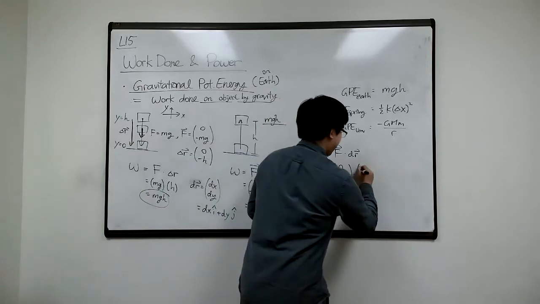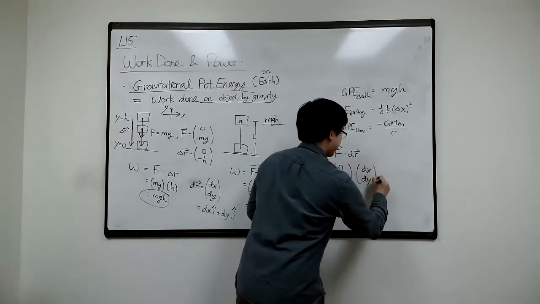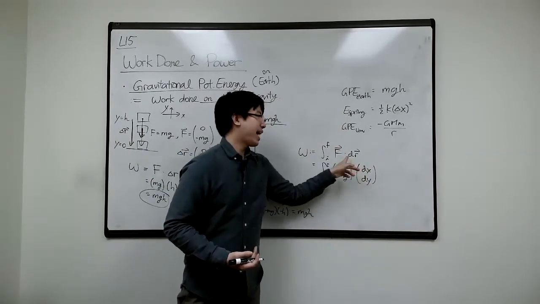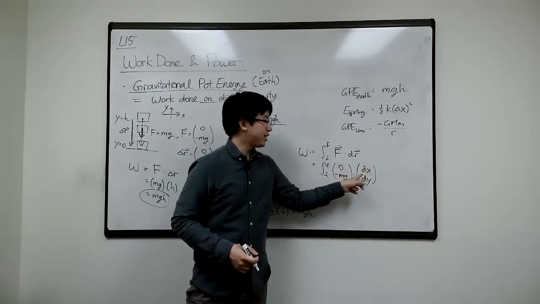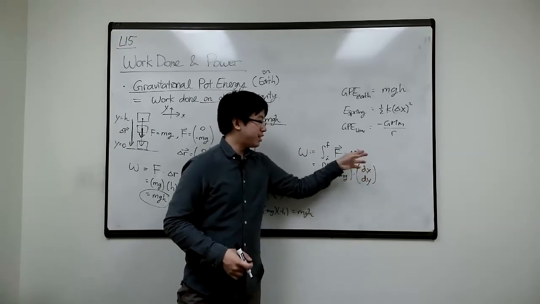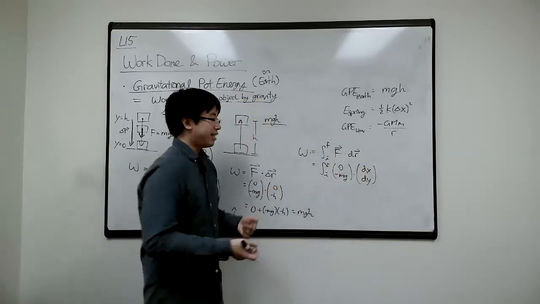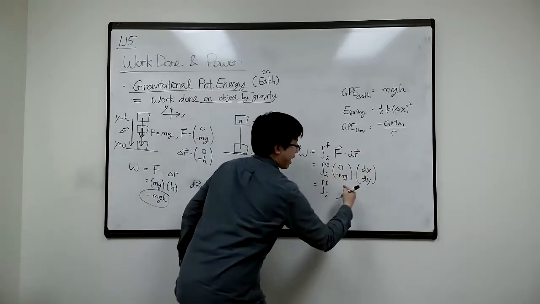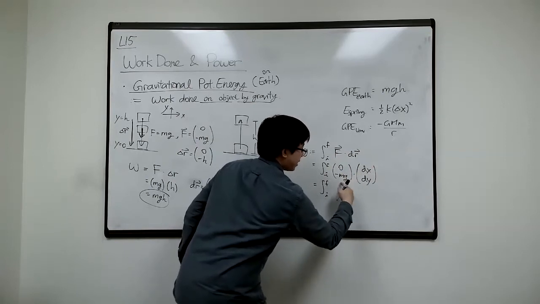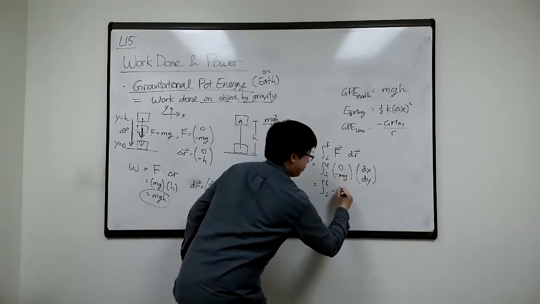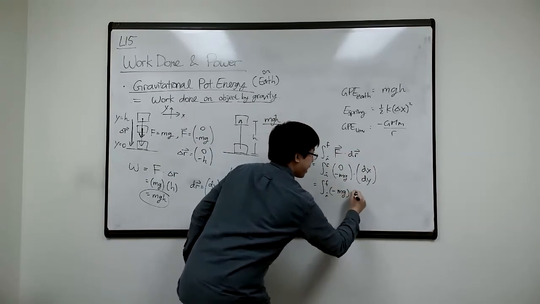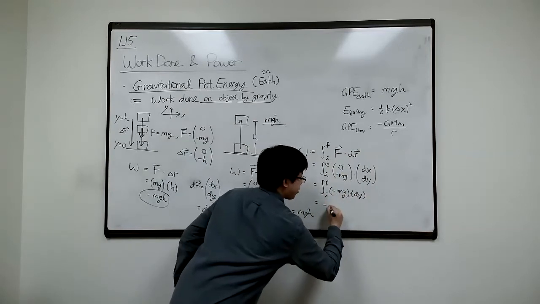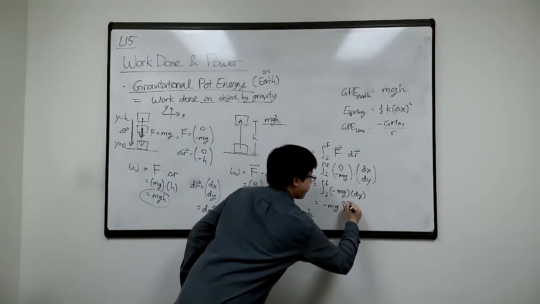But either way, it doesn't matter, because as you can see, if I put it here, 0 times this is going to be 0 anyway. But if you like, you can just say, hey, I know in advance my dr is just dy, it's not moving in the x direction. I can plug in 0 for that immediately. Either way, it becomes 0 plus minus mg times dy. But mg is a constant, so you can pull that out. So minus mg, integrate dy from initial to final.